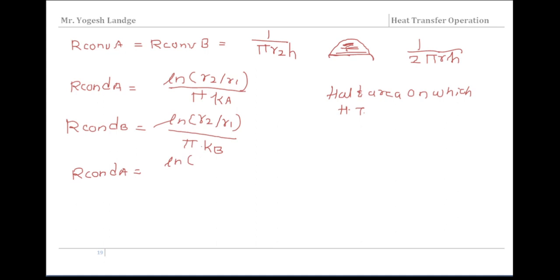Ln of the r2 value, which is 0.1 after doing the conversion, and the r1 value is 0.05, upon pi into the conductivity of material A, which is 2. Once I do the calculation, I get a value of around 1.1103. It is in meter Kelvin per watt.